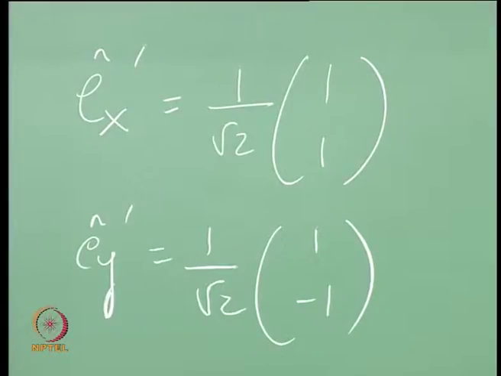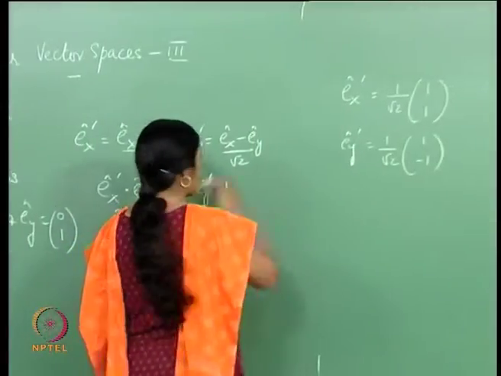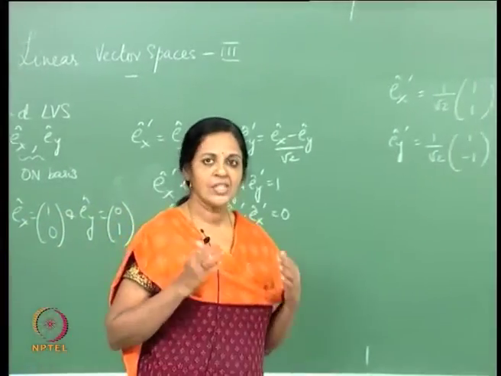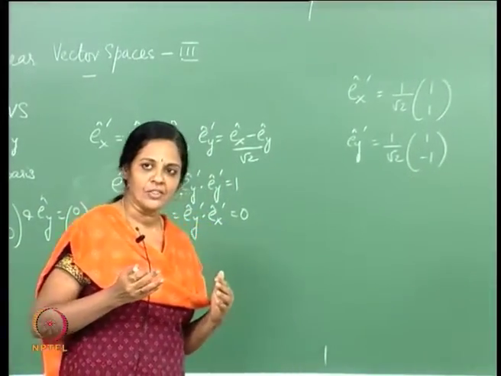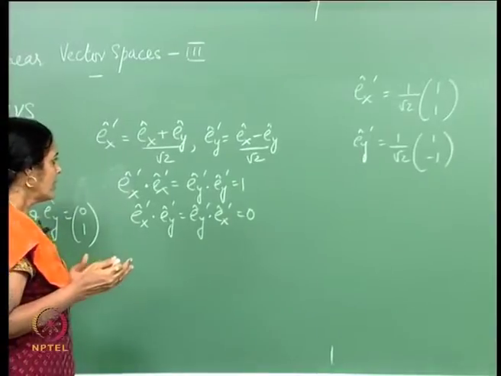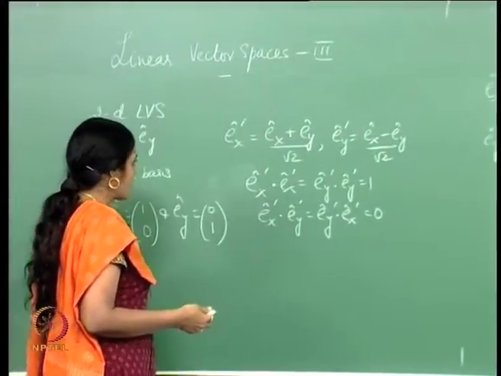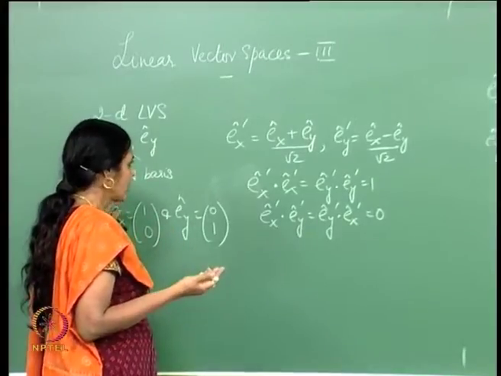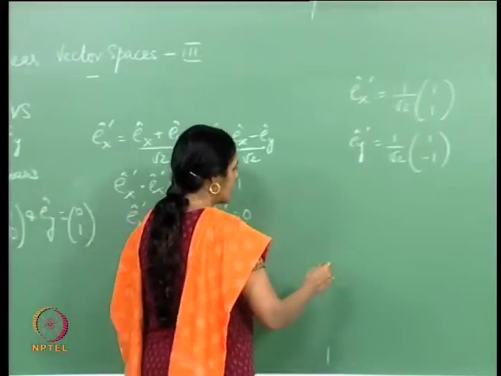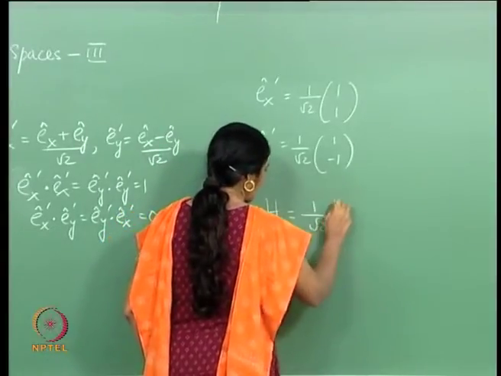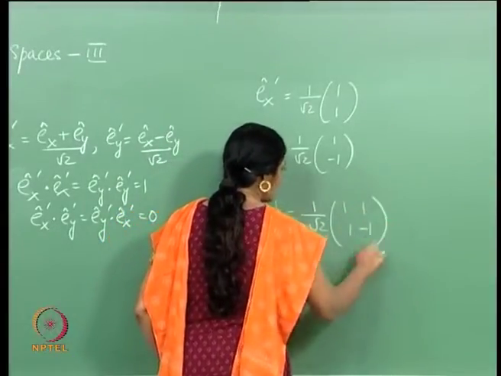So how do I go from Ex to Ex prime and Ey to Ey prime? These are unit vectors in the linear vector space, and clearly I should have operated on Ex with a suitable matrix to get Ex prime. It is clear that the matrix 1 by root 2 times 1 1, 1 minus 1 will do the job.